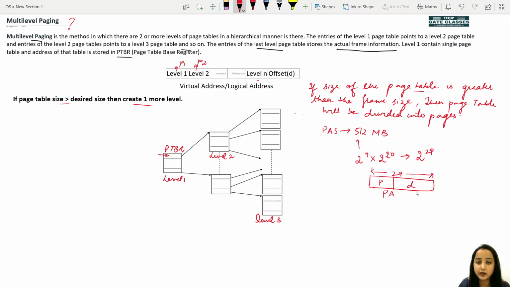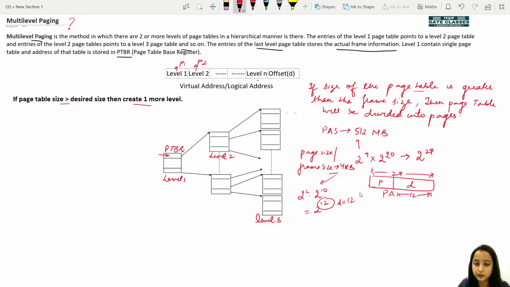How can we calculate D, that is the offset? Let us suppose the page size or the frame size given to you is 4 KB. Writing this in bits, 2 raised to power 2, K is 2 raised to power 10, so total 2 raised to power 12. So D is 12.